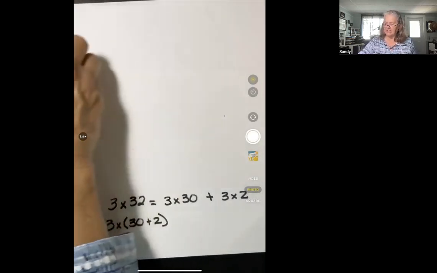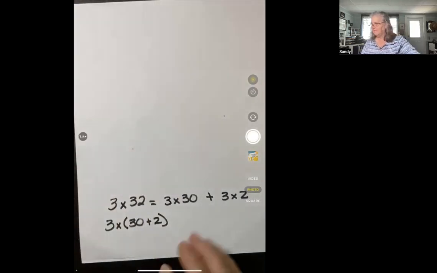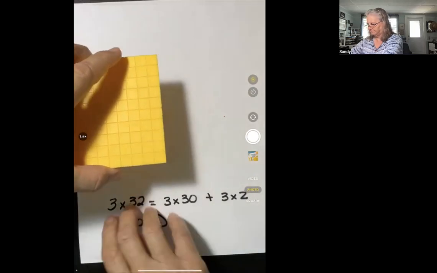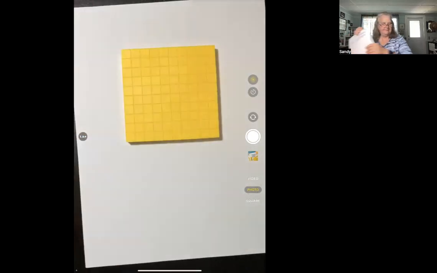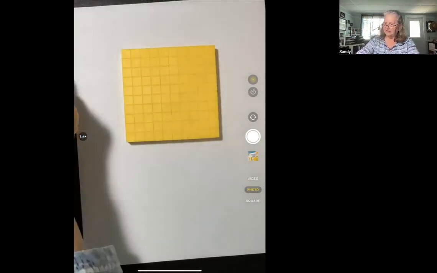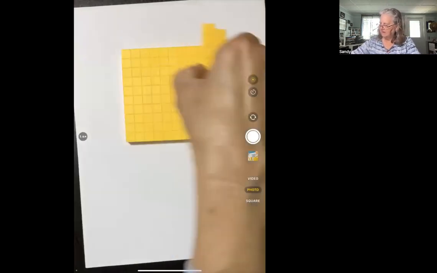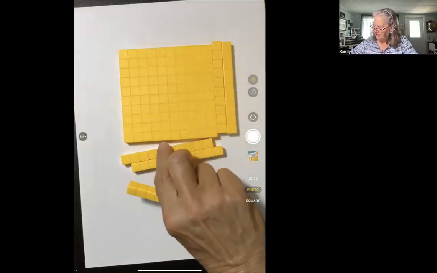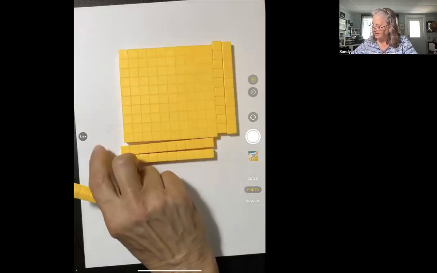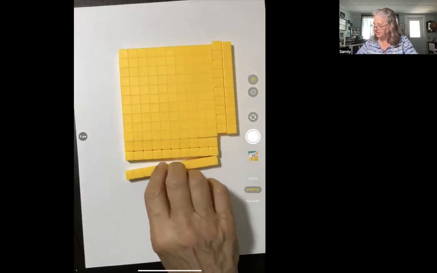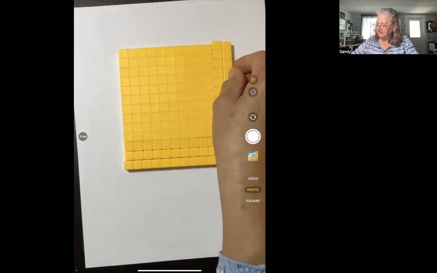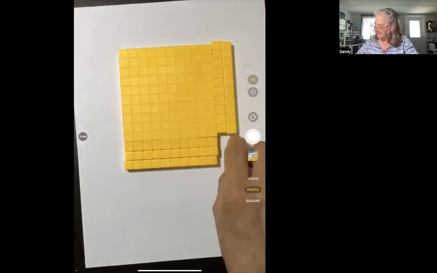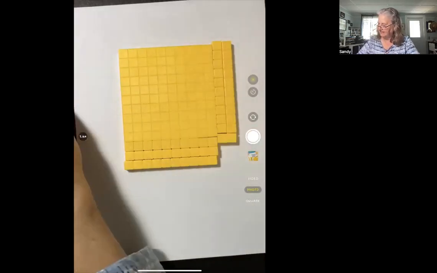Sometimes you'll see that I'm going to model a problem like this one. This is 12 by 13. And when your children are learning an area model for multiplication, they'll learn that this needs to be a solid rectangle.